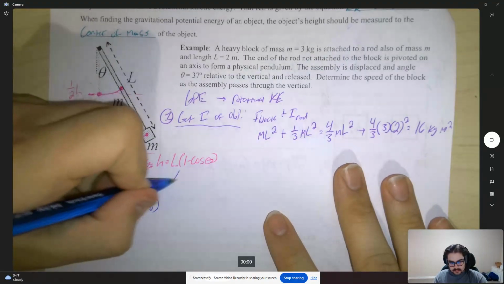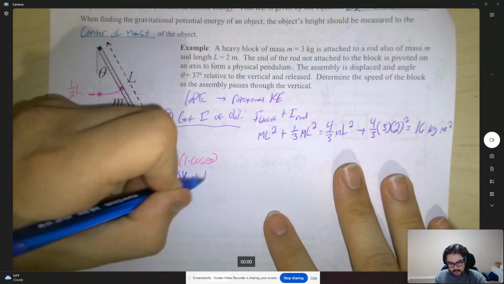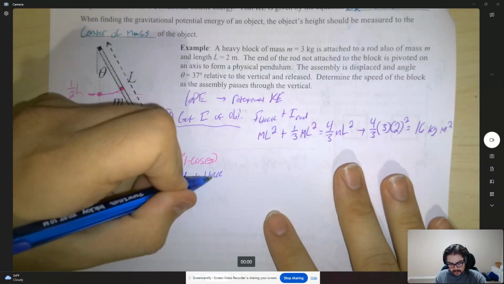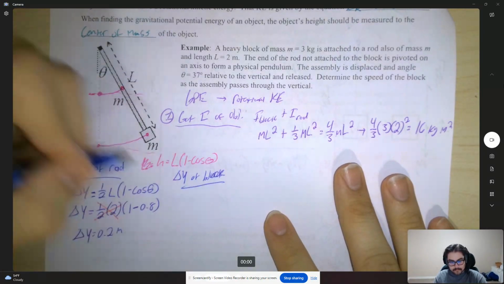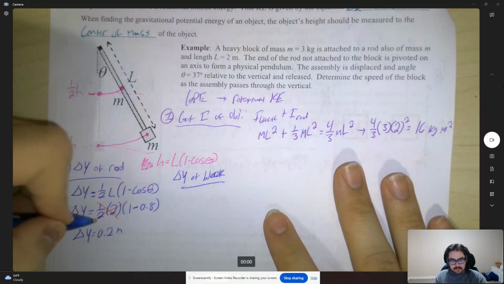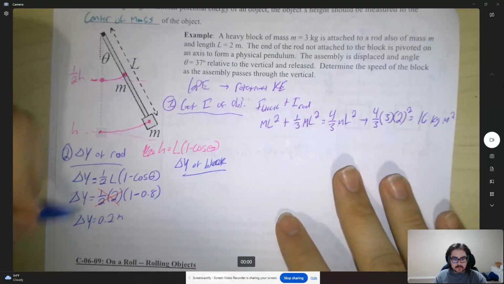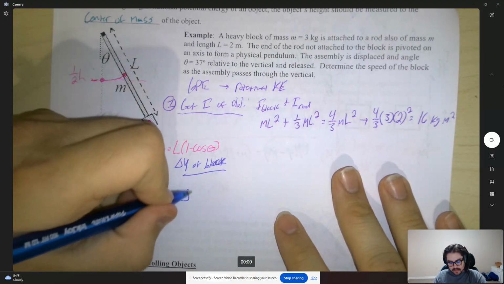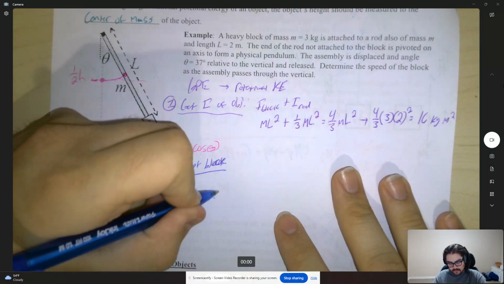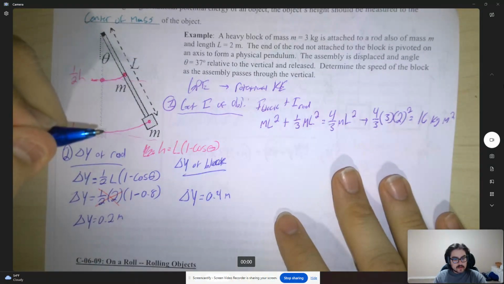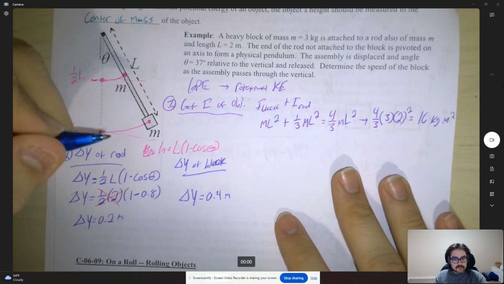If I figure out delta y of the block, it's not much different. We already said this is 1/2 of h, so 2 times that would be 0.4 meters. It falls 0.4 meters as it goes.